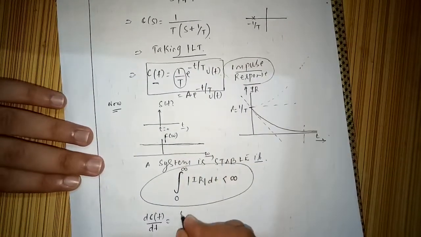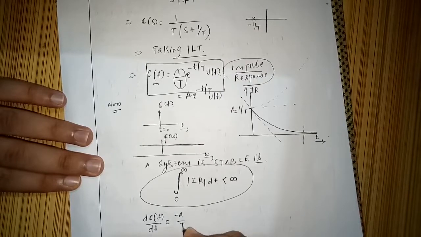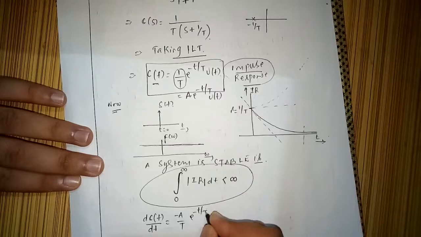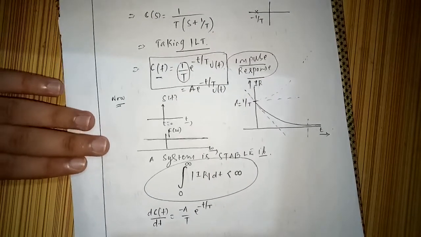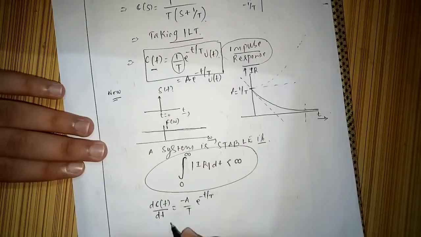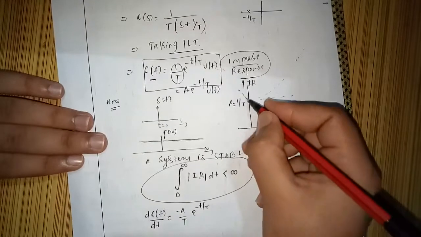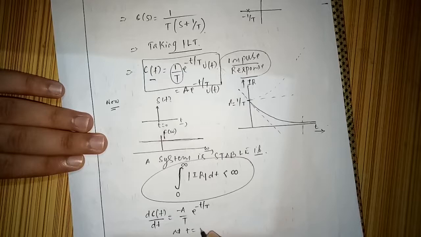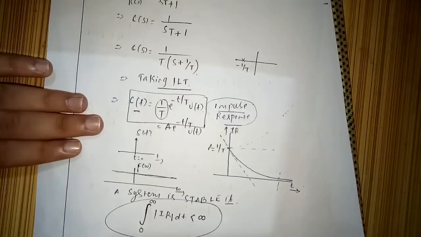Now a times (-1/T) e^(-t/T). So I want to know its slope at t equal to 0. At t equal to 0, dc(t)/dt is equal to -a/T, right?